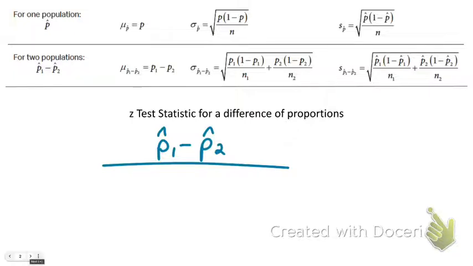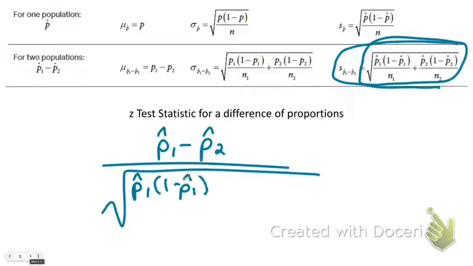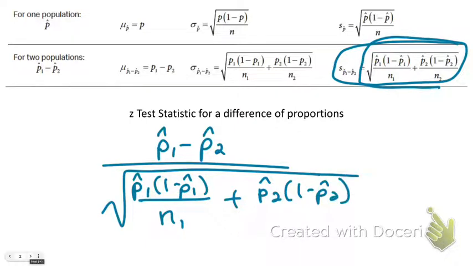I'm just putting hats on it because I don't know P. Then I'm going to take that big, giant standard error formula right here, and that goes on the bottom. P hat 1, 1 minus P hat 1 over N1 plus P hat 2, 1 minus P hat 2 over N2. This is how you get the z-test statistic.